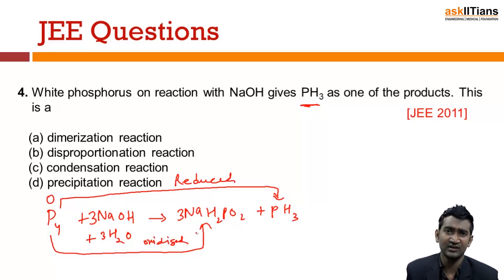So whenever my same component gets simultaneously oxidized and reduced, what is that type of reaction known as? My disproportionation reaction. So B will be the correct answer for this, guys.